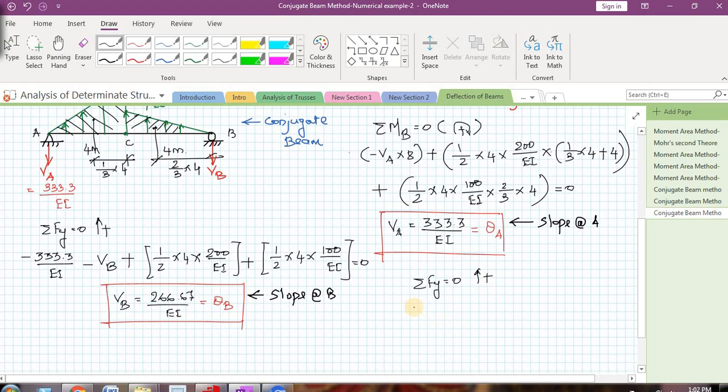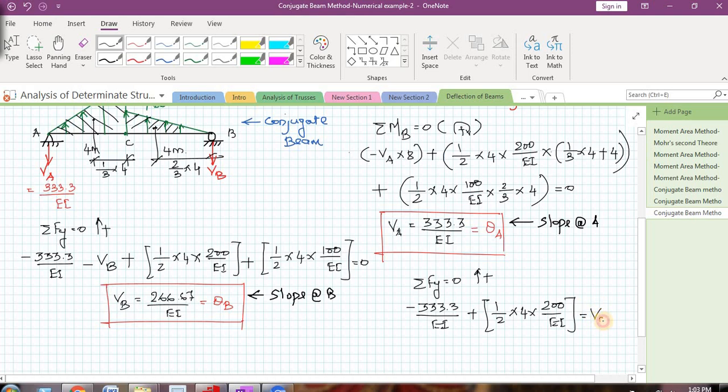VA is downwards, so I should write minus 333.3 by EI, and the load is actually upwards, plus half of base 4 and height 200 divided by EI.